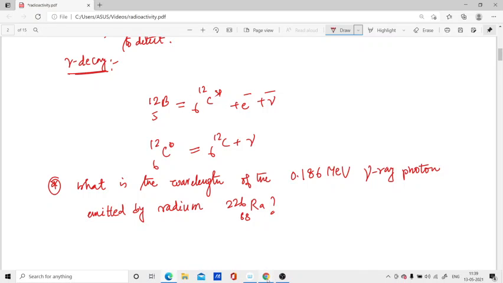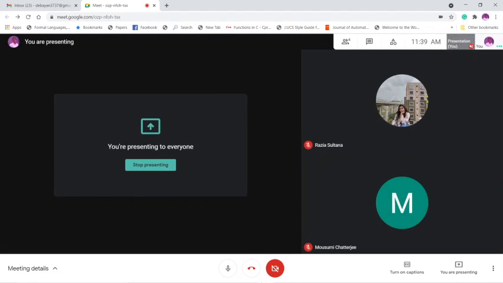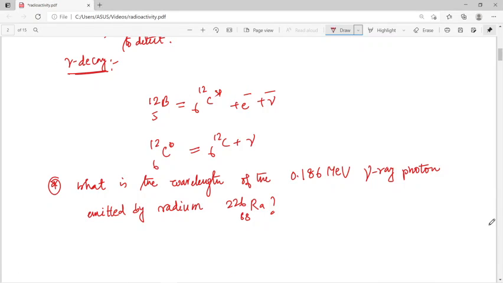What should be the answer? That means the question is, what is the wavelength of a 0.186 MeV gamma ray photon emitted by radium?